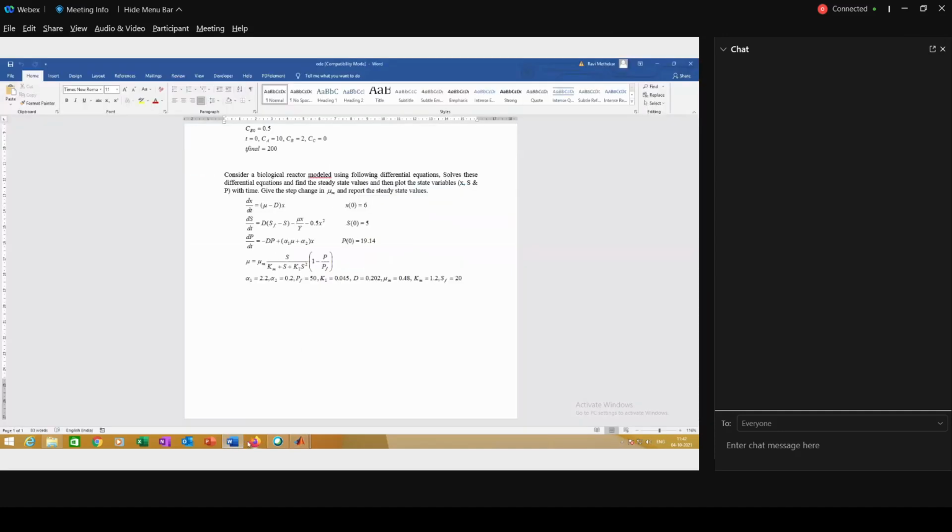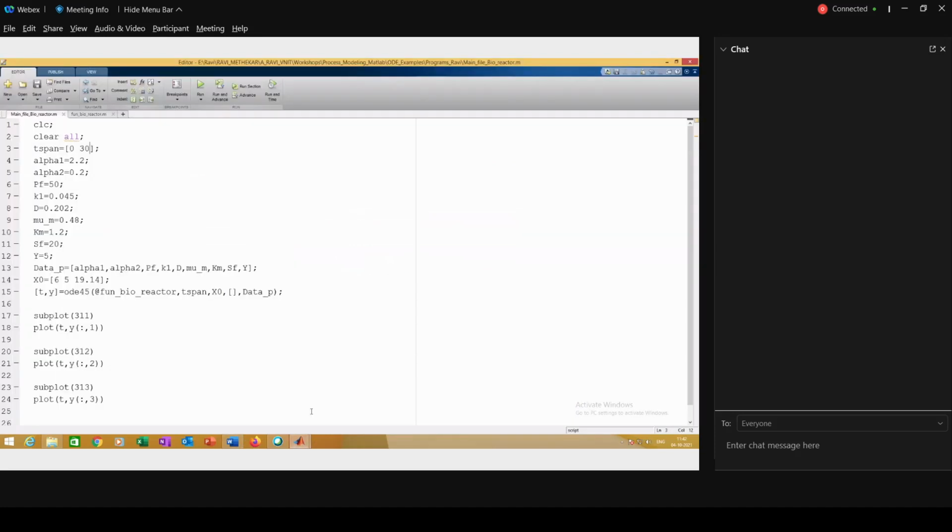Now I know that mu m is constant at this point of time. To provide the change in value of mu m, I need to change this code in a for loop, one way.